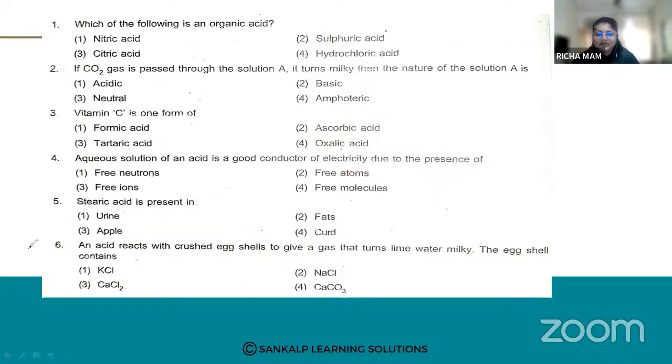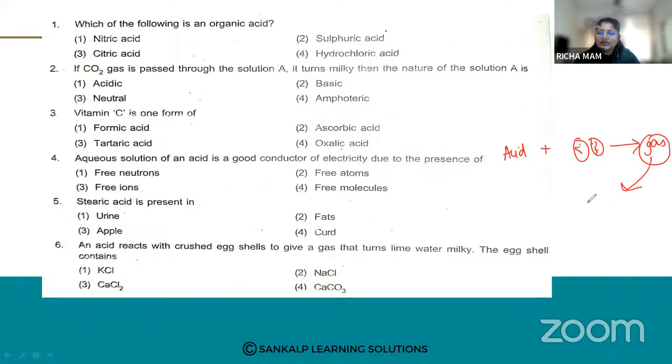An acid reacts with crushed eggshells to give a gas that turns lime water milky. Suppose I take an acid and react it with crushed eggshells to give a gas. What will this gas do?